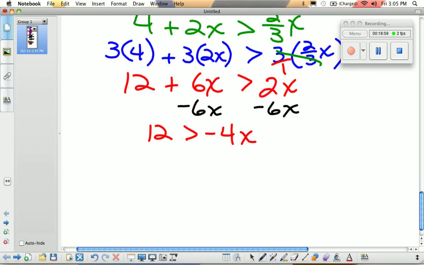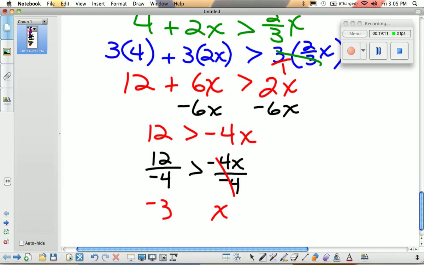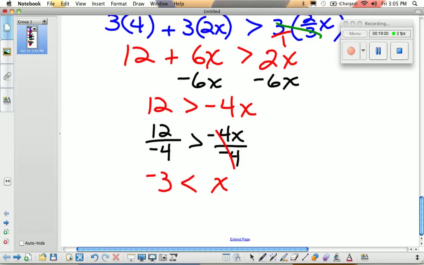Divide by negative 4. Divide by negative 4. Negative 3. These guys cancel. First you get negative 3, then the sign is less than, and switch the sign because we divided by a negative. Now we have to graph this yet too.